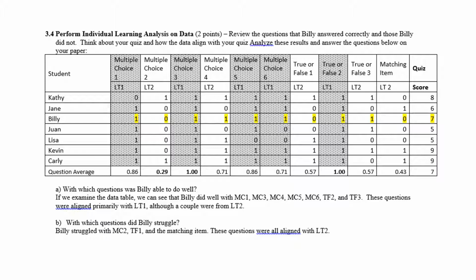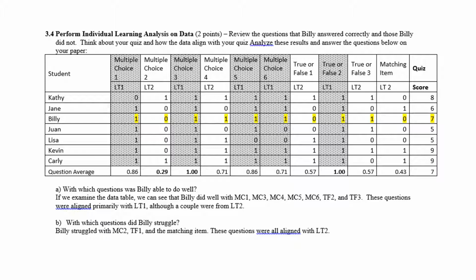And so if we look at Billy's data, which is highlighted, we can see if we examine the data table, Billy did well with multiple choice 1, 3, 4, 5, 6, true, false 2, and 3. These questions were aligned primarily with Learning Target 1, although a couple were from Learning Target 2. So Billy seems to have mastered most of Learning Target 1.